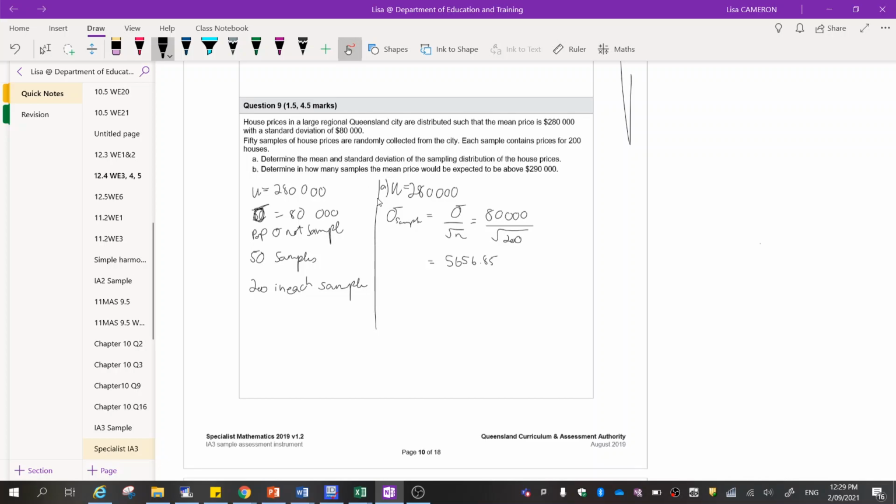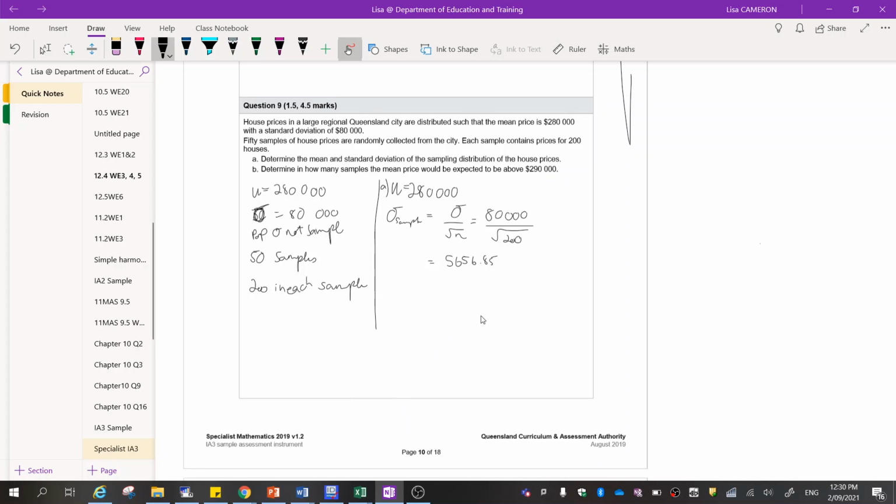Okay, next one, determine how many samples the mean price would be expected to be above 290,000. So that one here is referring to not the 200, but how many of the 50 samples are going to be expected to have a mean above this. Okay, so sounds hard, not really that hard.